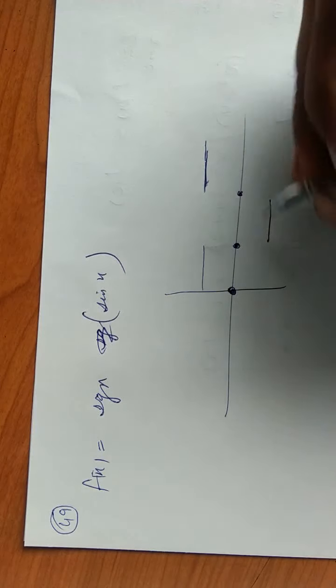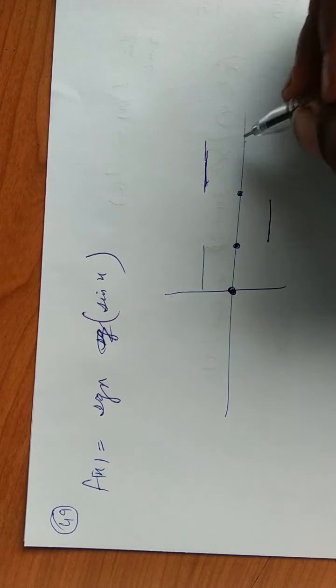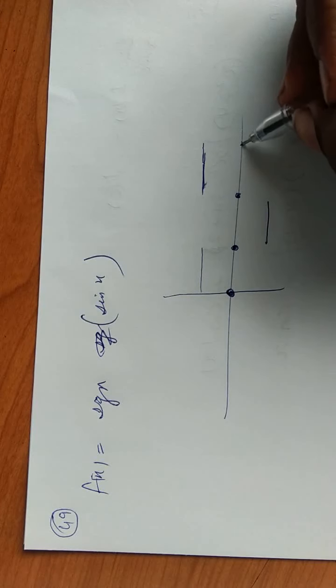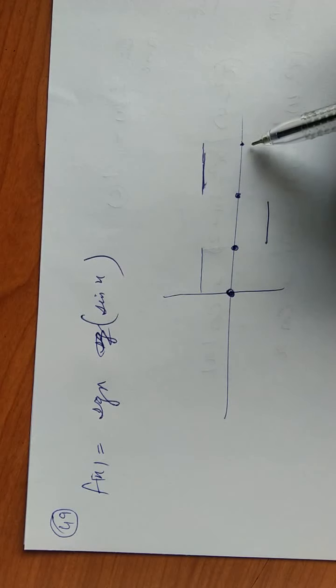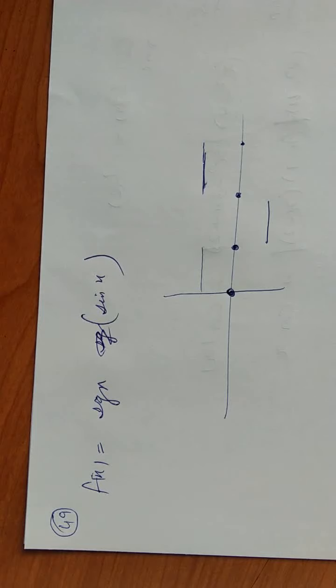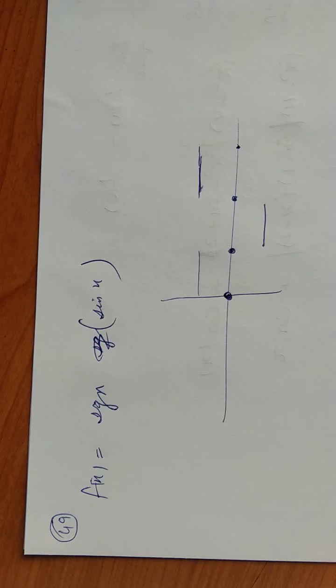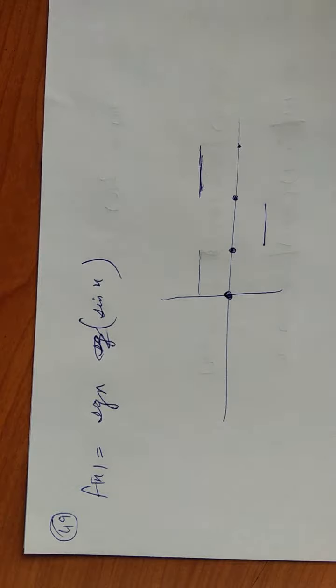Sin x is positive between 2 pi to 3 pi, and then there's a discontinuity because at x is equal to 3 pi, sin x is 0. So you can evaluate, wherever the function is discontinuous, the function would not be differentiable.